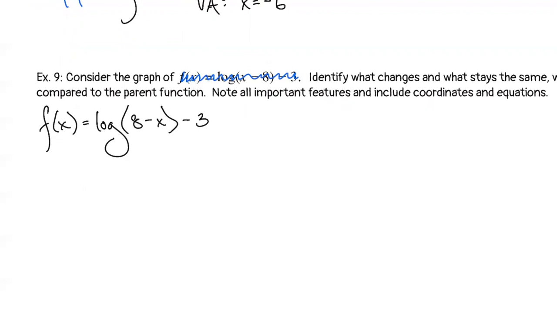What might those B, C, and D values be? Yeah, I would agree. This one right here, we're moving down 3 units. Yeah. B is -1. Okay, I buy that. I buy that.